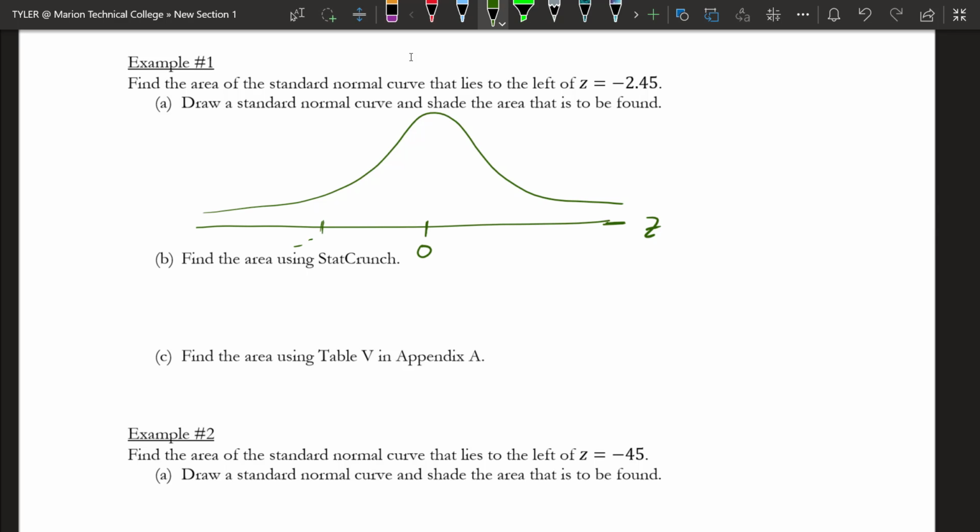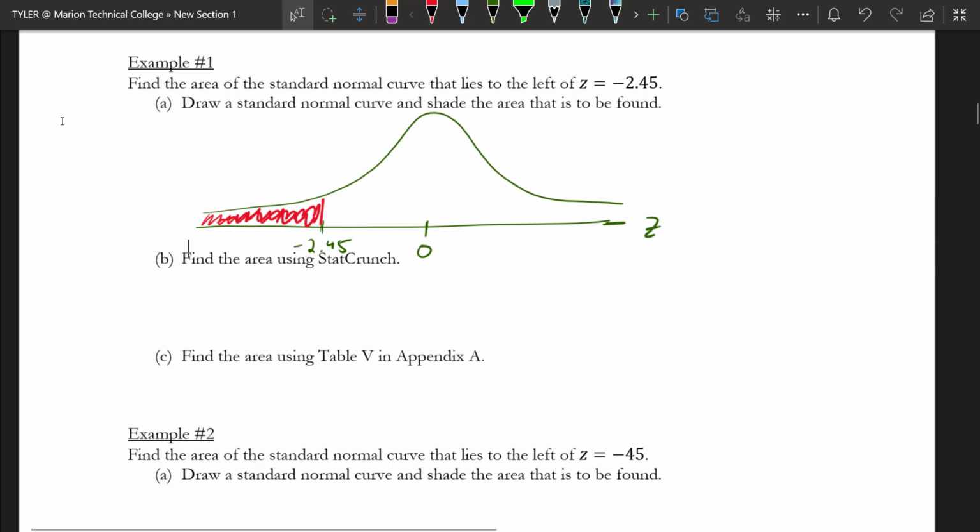We're finding the area to the left of this, so that would be this area. Notice that I labeled where the mean is in the center. I like to do this as a reference point, so that I know where to draw the particular z or x value.